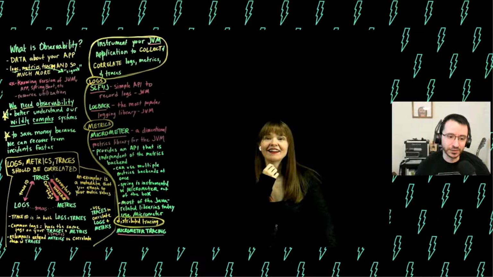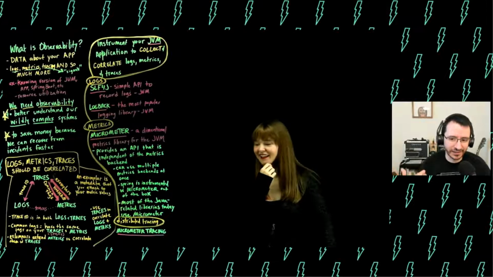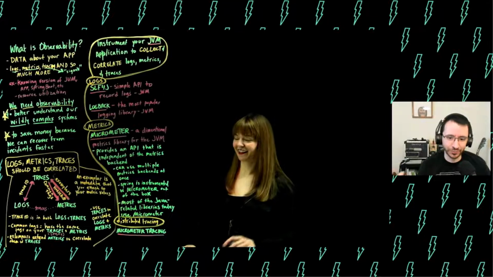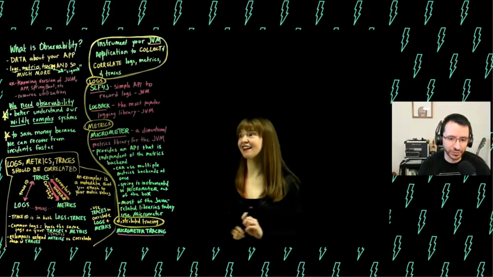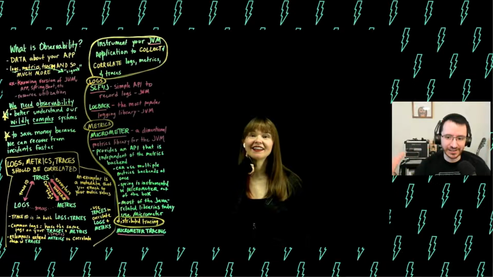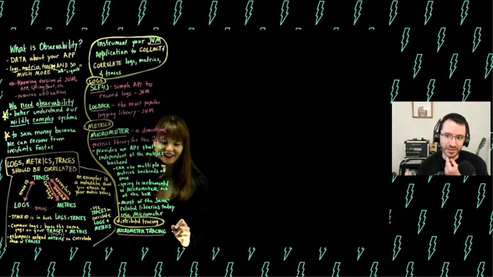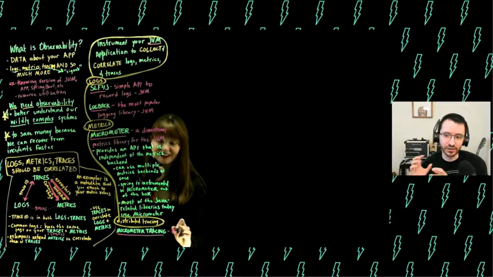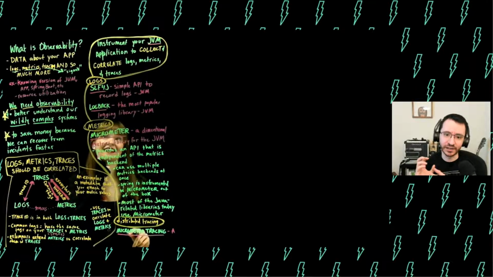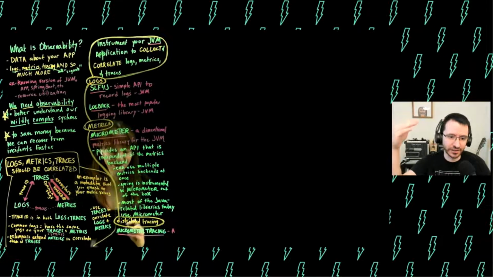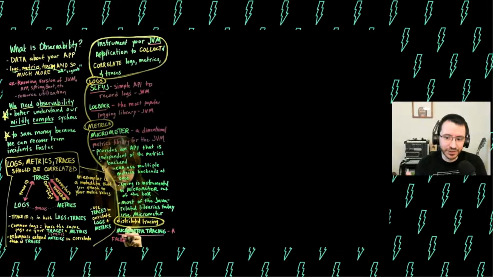Okay. And Micrometer Tracing is, again, I am going back to that SLF4J situation. It is basically a facade for tracing libraries. So you can have an underlying library, like with SLF4J and Logback, and you can replace them and switch between them as you want.